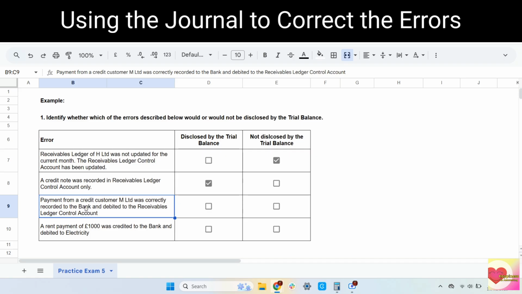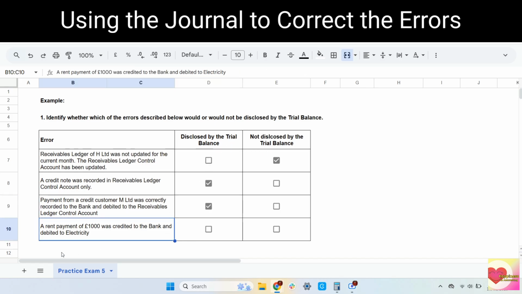The opposite account should be credit, but instead it was also debited to the RLCA. So two entries were both recorded in debit, so this error is an example of two entries on one side, and this error will be disclosed by the trial balance.